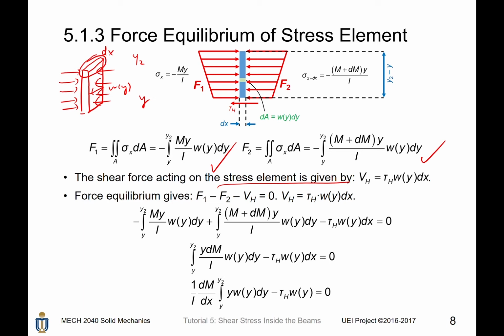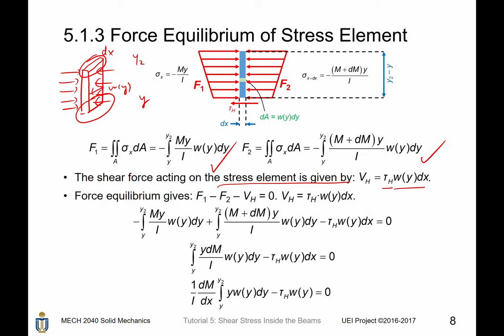Recall that this surface equals the lower base, so those two surfaces have the same area. So what is the area? It is given by dx times w(y). Therefore, the shear force acting on this surface is given by the shear stress times the differential area. VH equals tau H times dA, where dA equals w(y) times dx.